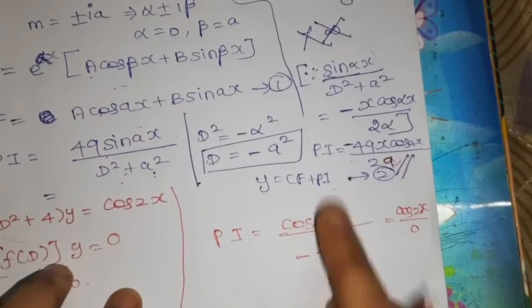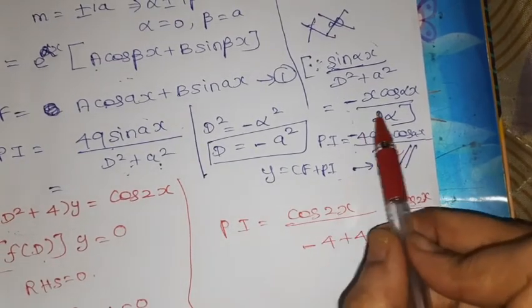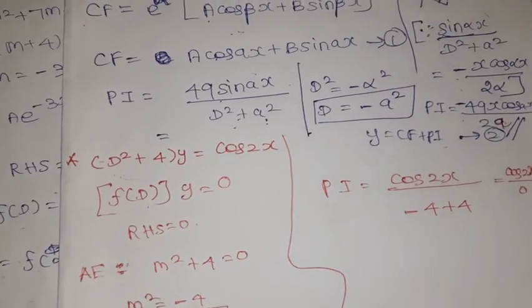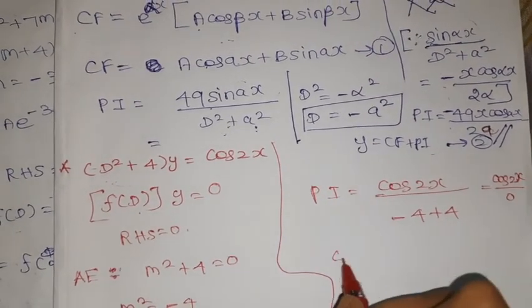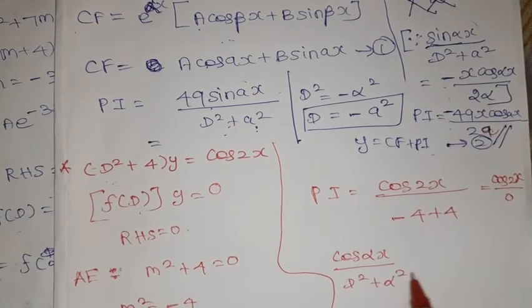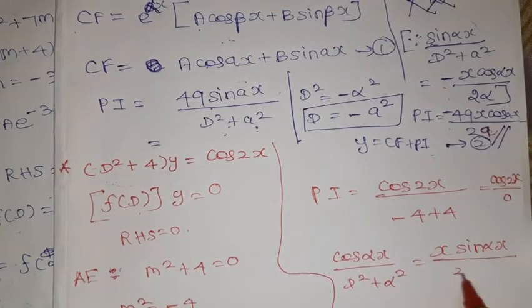We have one formula. Already we have sin alpha x by D squared plus alpha squared equal to minus x cos alpha x divided by 2 alpha. Similarly, for cos alpha x divided by D squared plus alpha squared equal to x sin alpha x divided by 2 alpha.